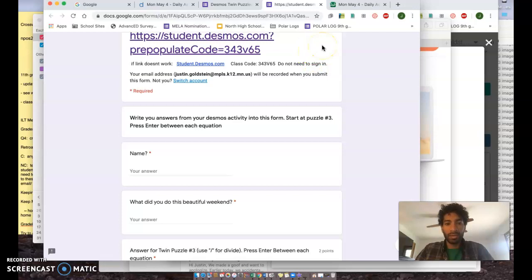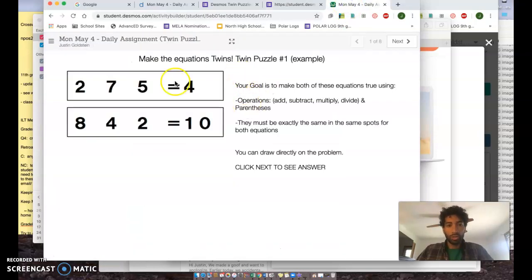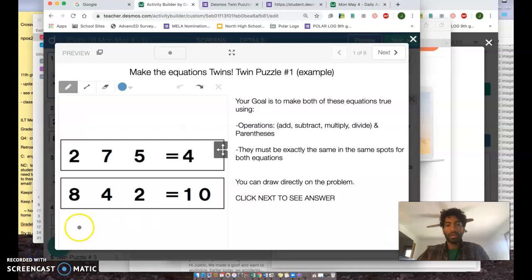Yay, Desmos again. So what you're going to do in this activity is, your goal is to make each of these equations true using addition, subtraction, multiplication, division, and you can also use parentheses for order of operations.